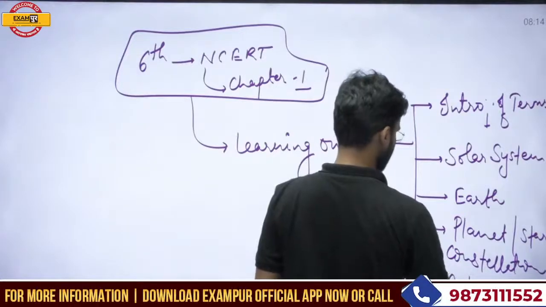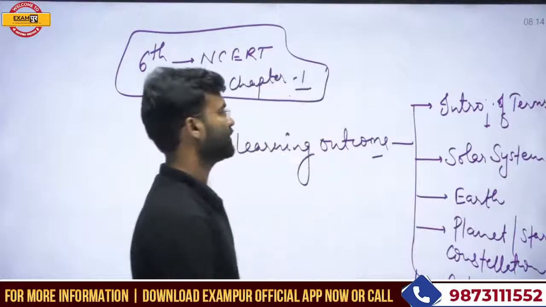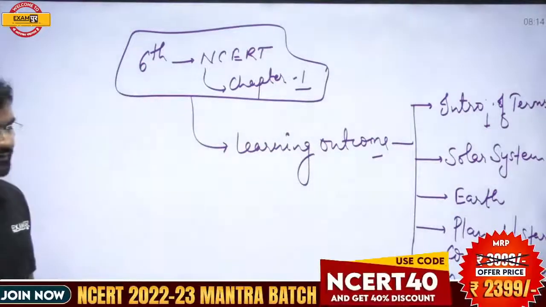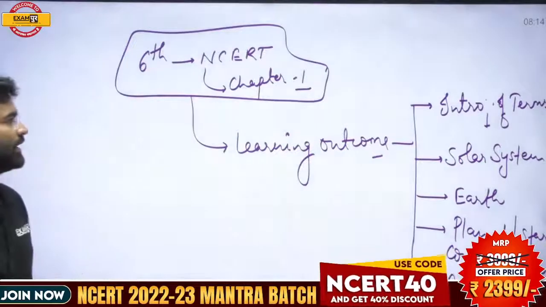What are these things? Asteroids, meteoroids. So these are our learning outcomes of today's class. Okay, these are the things we would cover in this class.